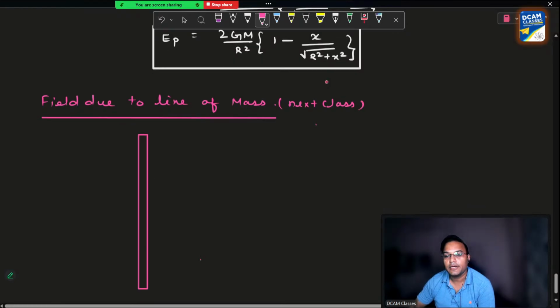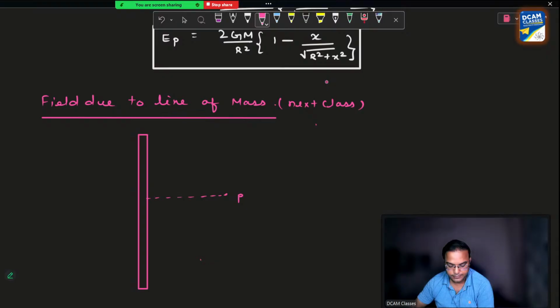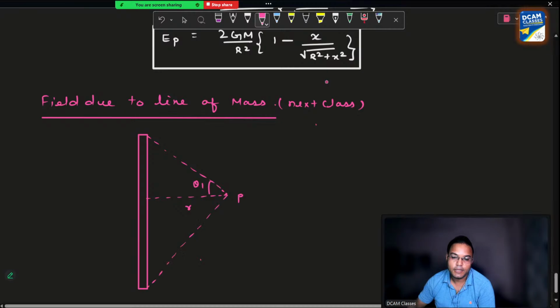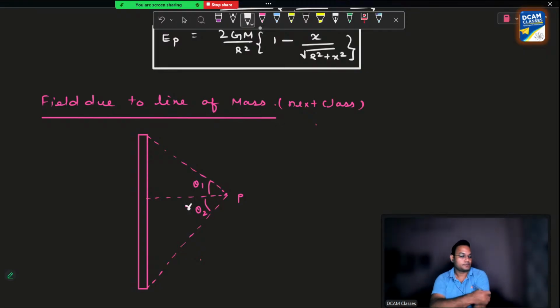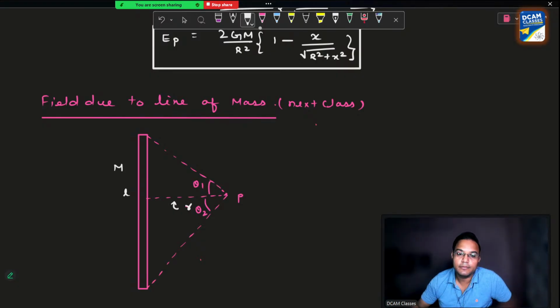We have to find out the field at a point P, which is at a distance of r unit from it. This is making an angle of theta 1, and this is making an angle of theta 2 with this. The mass is m, the length is L.